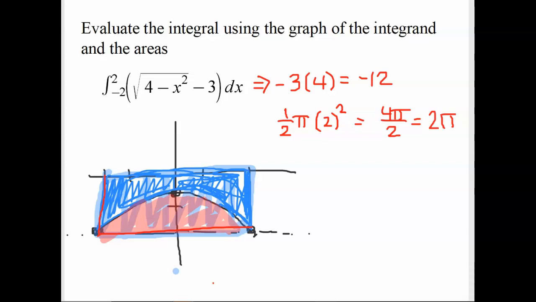So the area of the semicircle is 2 pi. Since this is below the graph, and we're getting rid of the red region, we're going to add that 2 pi to the negative area.